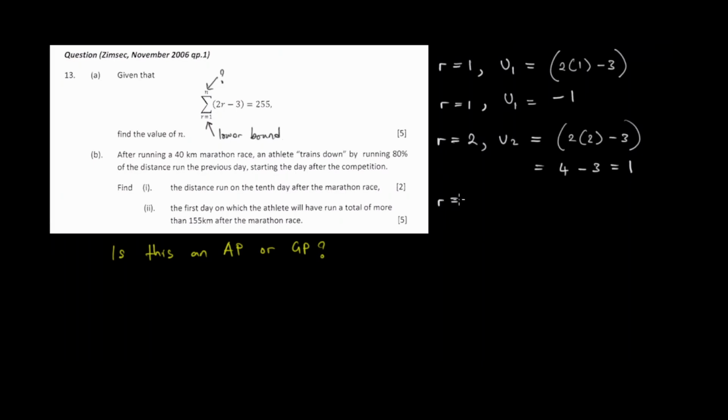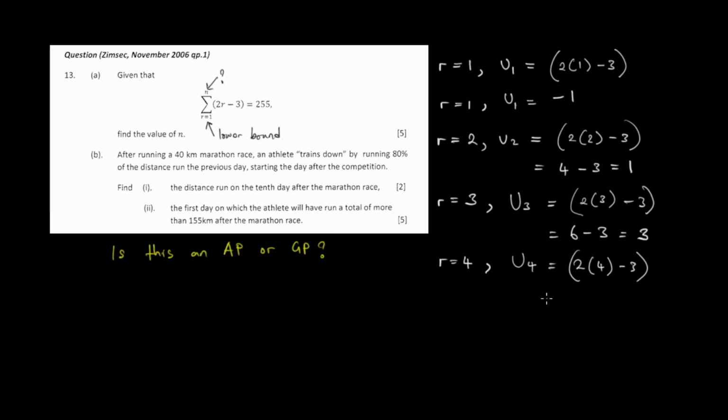Okay? When r is equal to 3, the third term inenge iri chi? 2 times 3 minus 3, which is 6 minus 3, which is equal to 3. Then lastly, kana r ari equal to 4, the fourth term inenge iri 2 times 4 minus 3, which is 8 minus 3.